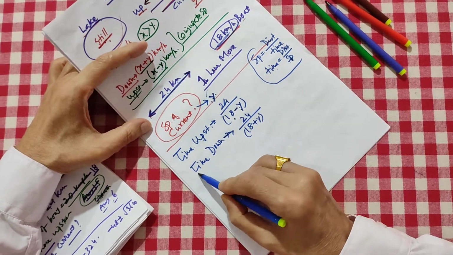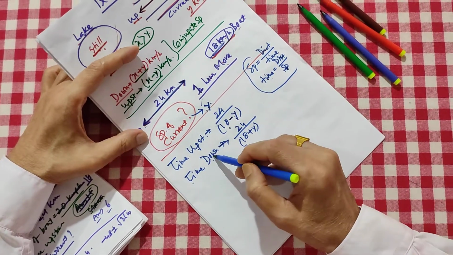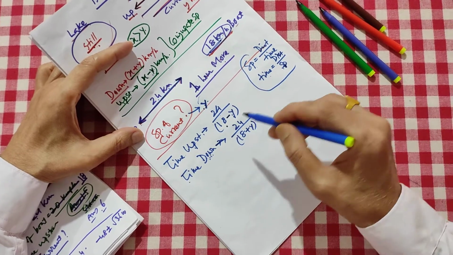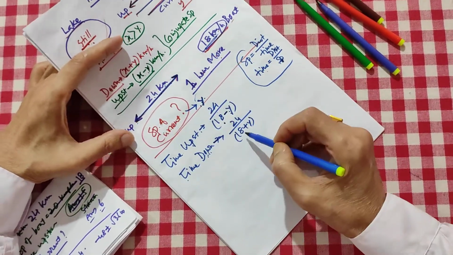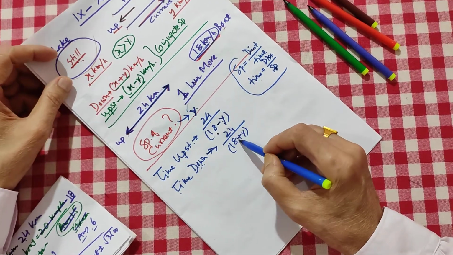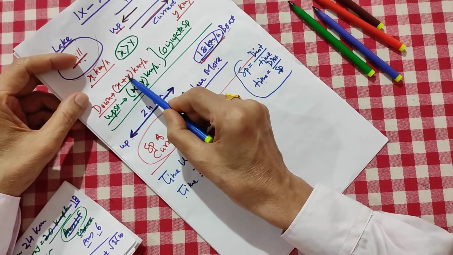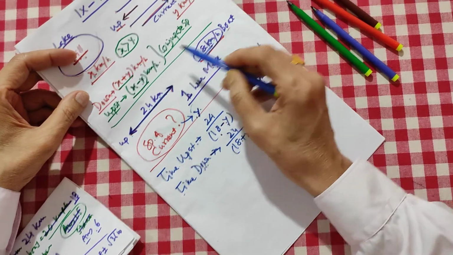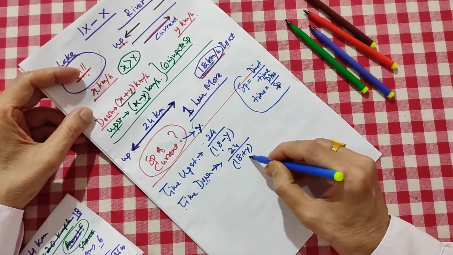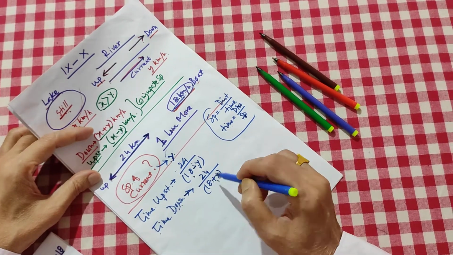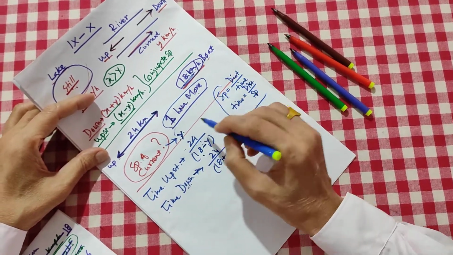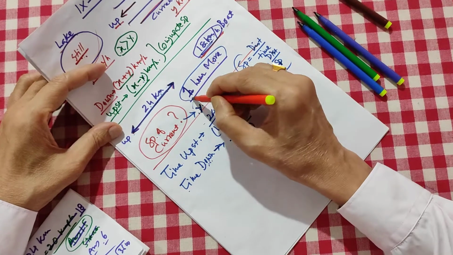Alright. Similarly, time taken by the boat downstream, in the direction of current, will be distance by speed again. So 24 kilometer is the distance, and speed is x plus y. Now x is given 18, y we have to find out. So 18 plus y. Alright. Now the difference between these two times is given as 1 hour.